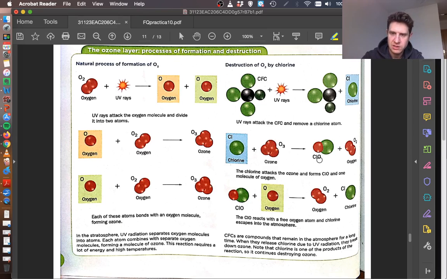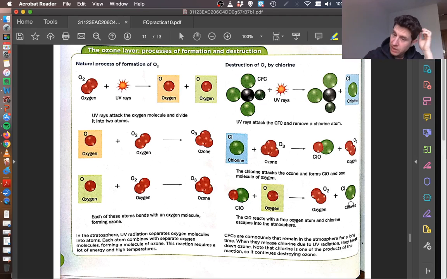So we have chlorine oxide and oxygen. And this one again meets another oxygen atom from another reaction, and ping, the chlorine is free again to destroy another molecule of ozone. So it's a chain reaction, very difficult to stop, to break down a hole.